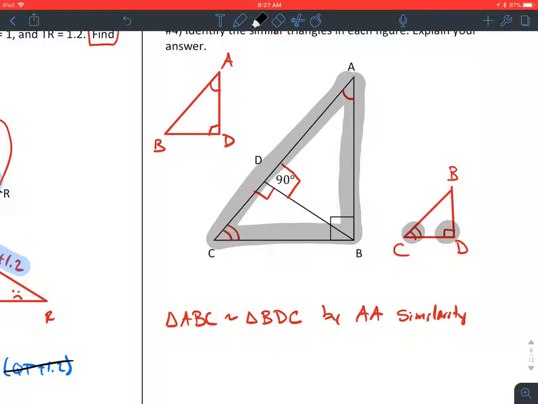See it? Because we got 1 arc and 90 degrees. So I could say that triangle ADB is similar to triangle ABC. Why? Angle-angle similarity.